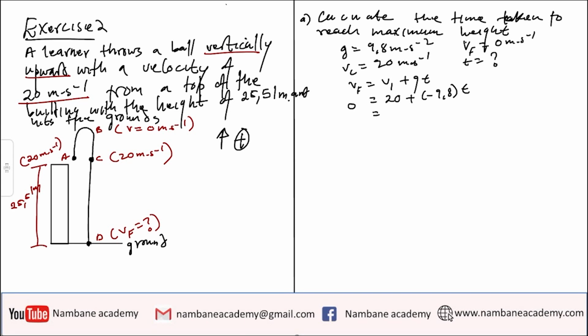Then 20 divided by 9.8, the 9.8s cancel, and they give you t, which is something like 2,04 seconds. But that is the time taken to complete the motion of A to B.